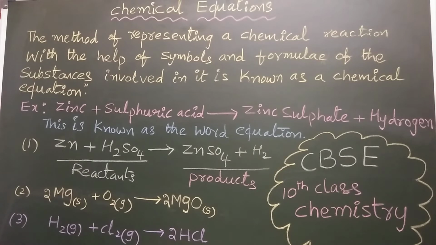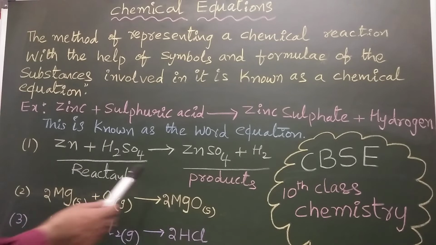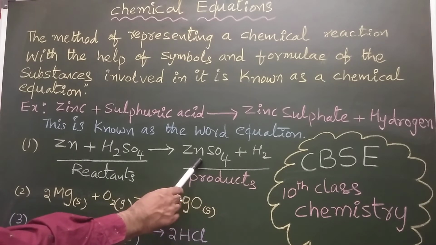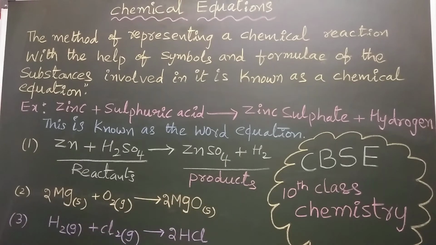And products. What is meant by reactants? The substances which combine or react are known as reactants. Both the reactants are on the left side of the arrow, with a plus sign between zinc and sulfuric acid. On the other hand, on the right-hand side, ZnSO4 and H2 are the products.